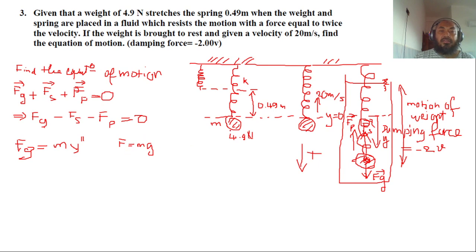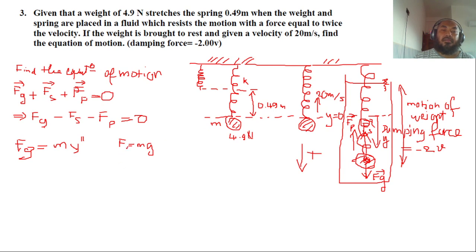I'm talking about the force of the mass. This force doesn't have an effect on the movement of the spring. The effect on the movement of the spring is this force, but this force is on the mass when it stays in equilibrium. The mass really wants to fall down. So we got F equal to mg.